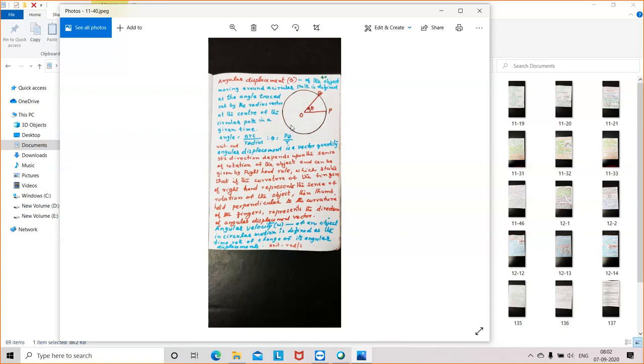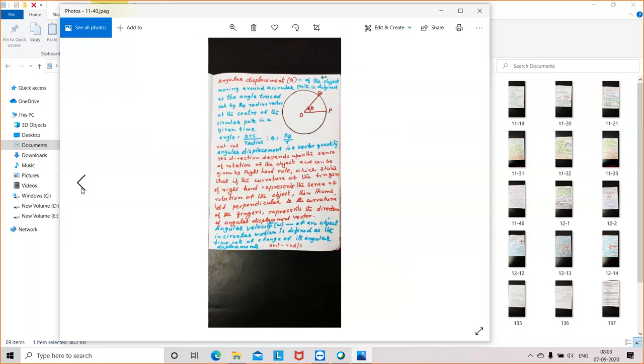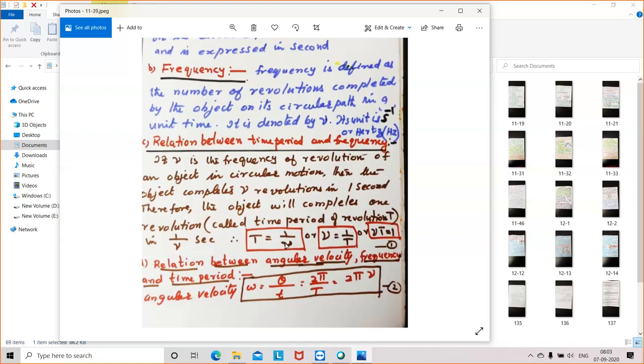So angular velocity is 2 pi by T. For one revolution the angle subtended is 2 pi, and the time taken is the time period T, so 2 pi by T. That is equal to 2 pi into nu, because 1 by T is nu.